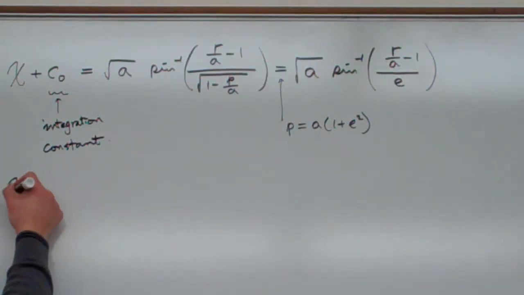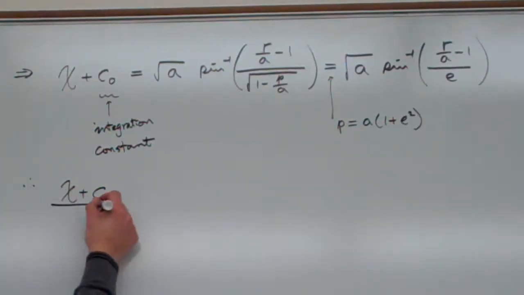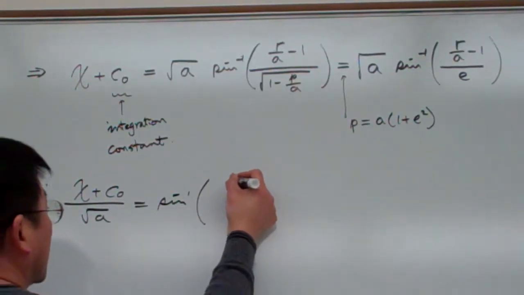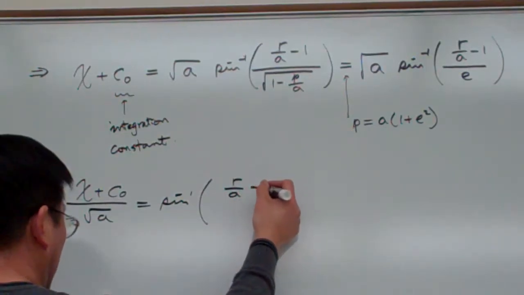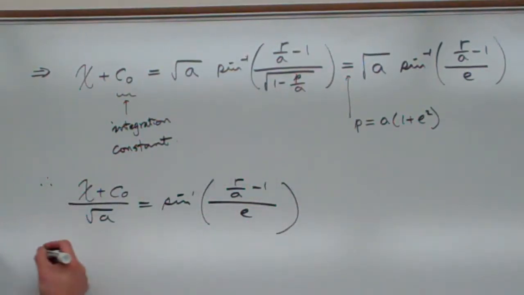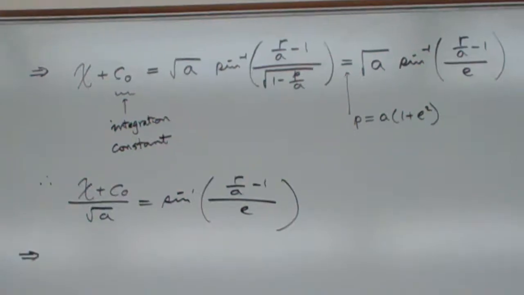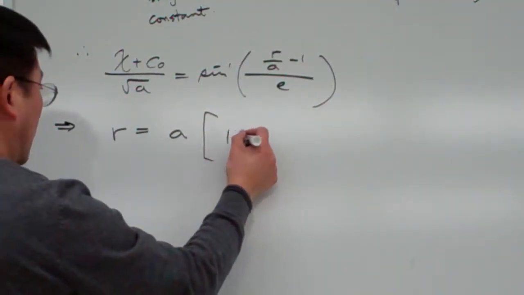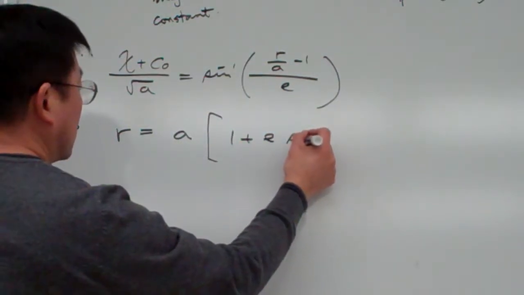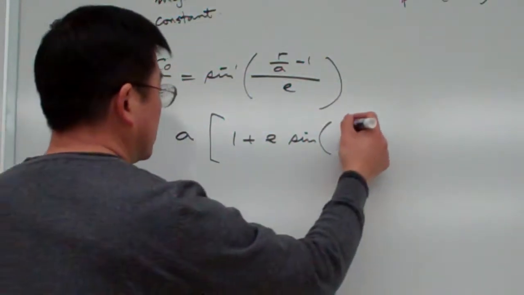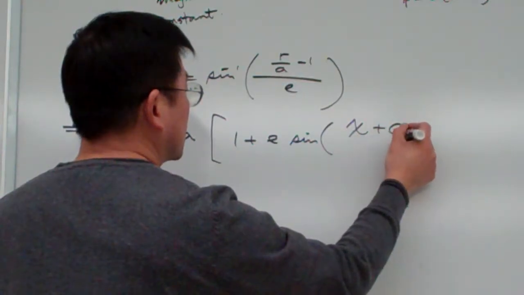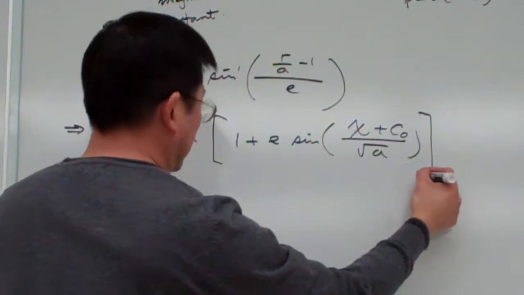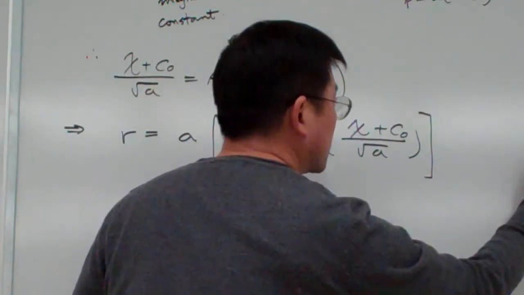Therefore, we have Kc plus C0 divided by square root of A equal to arc sine of R over A minus 1 divided by E. So therefore, here we take R equal to A times 1 plus E sine of Kc plus C0 divided by square root of A. This is equation 3.